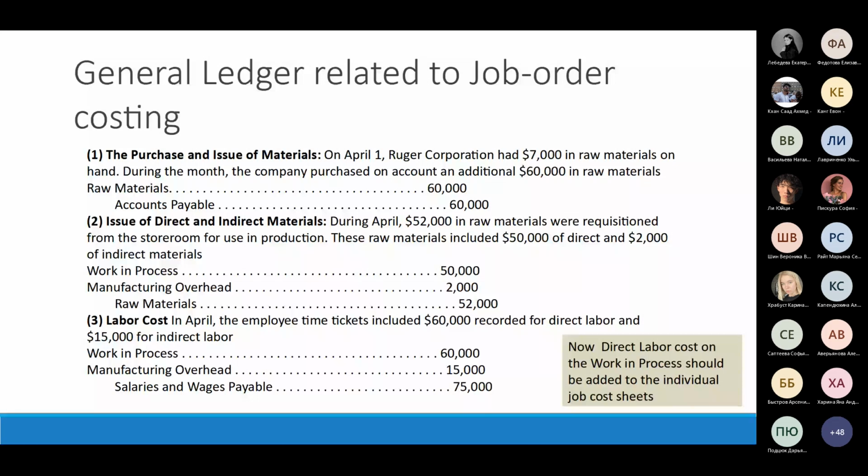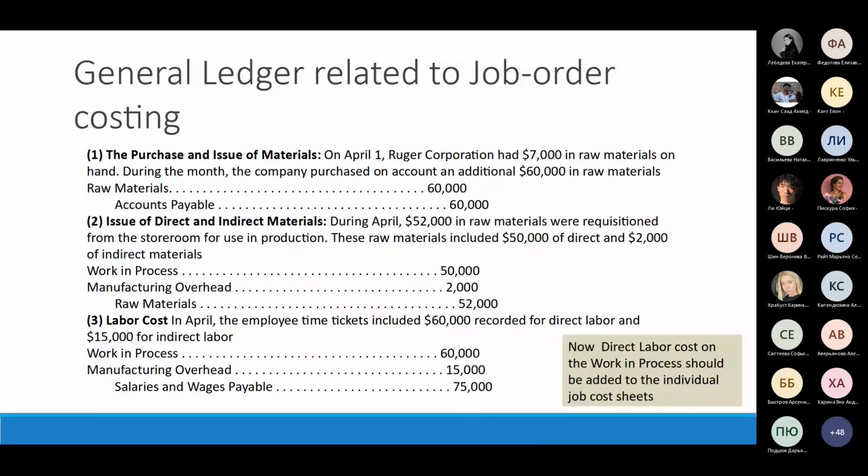You know that direct materials and direct labor are assigned directly to work in process, which is split into sub-accounts in accordance with the number of jobs. And our indirect expenses are assigned to manufacturing overhead, which is only one account for all the jobs that we plan to perform during the period.